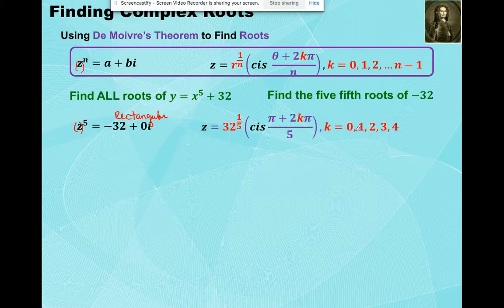And notice that I'm going to use 0, 1, 2, 3, and 4, because as the theorem says, you need to stop one shy of your power. Again, you can keep going, you're just going to cycle and repeat roots, so you don't need to do them over and over again. And it's n minus 1 because you're always starting with 0.